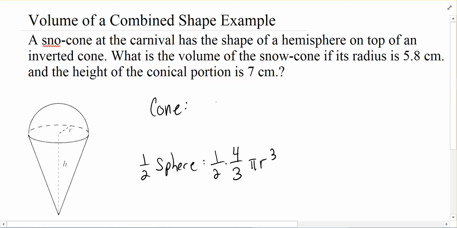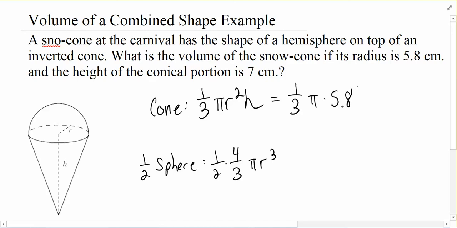Now for a cone, the base of a cone is a circle. So the area of that is pi r squared. And we have height. And it's one of the volumes that comes to a point. So he's going to have a factor of 1/3 in him. So the cone is 1/3 pi. Our radius is 5.8.